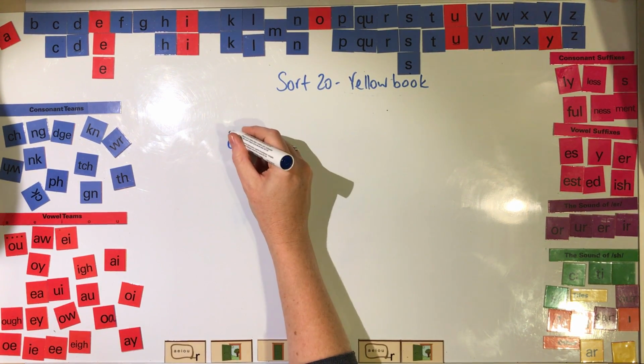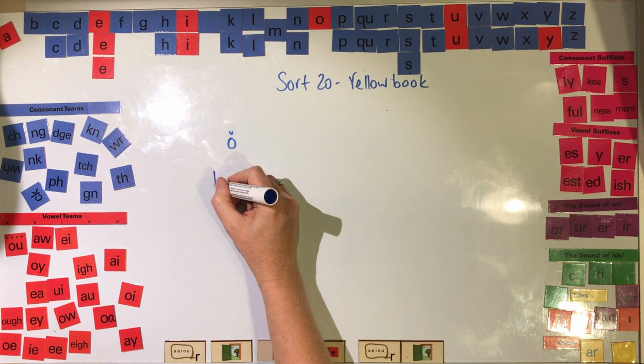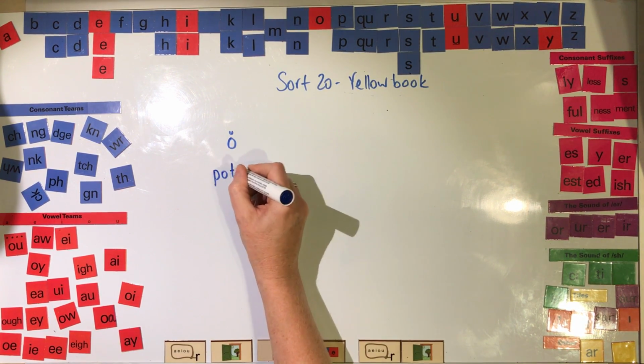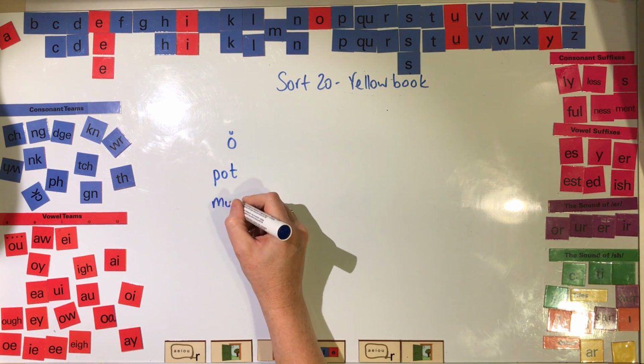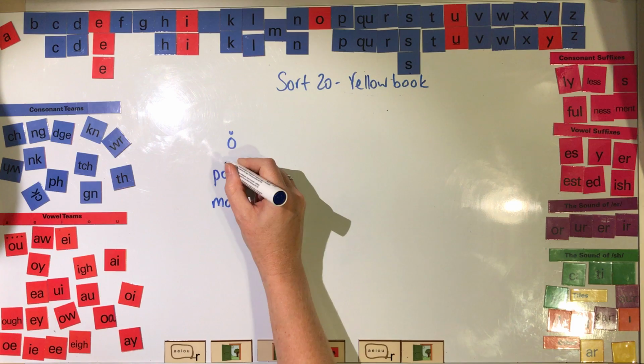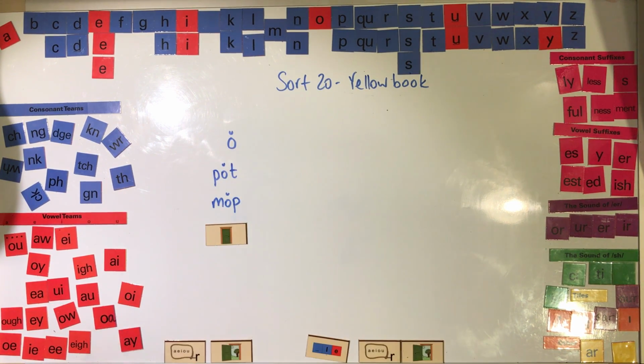We have got words that have O in them, like pot or mop. Okay, they're closed syllables because we've got the consonant capping off that vowel there, keeping the O nice and short.